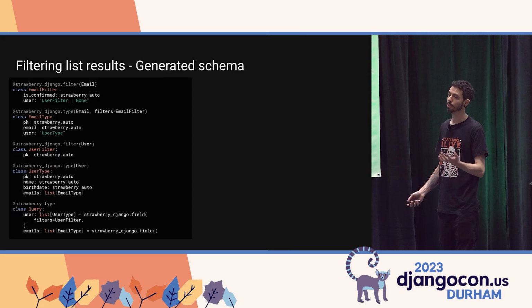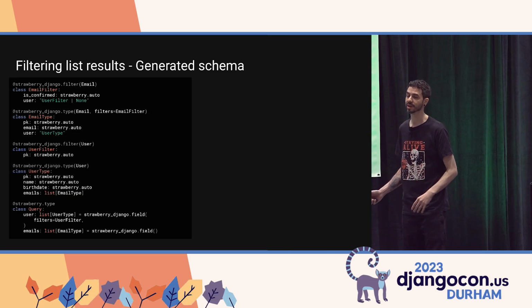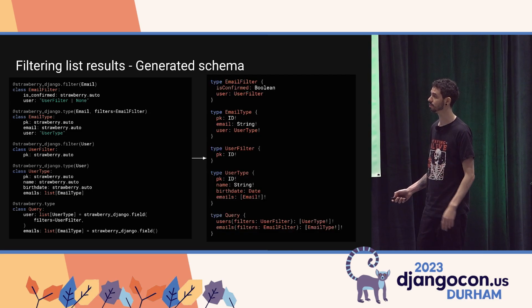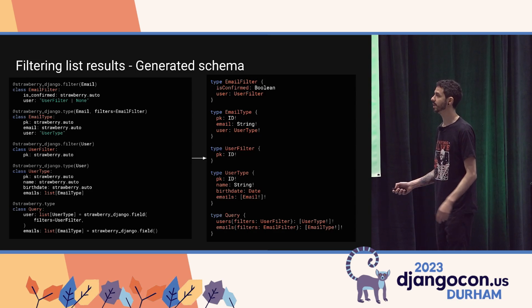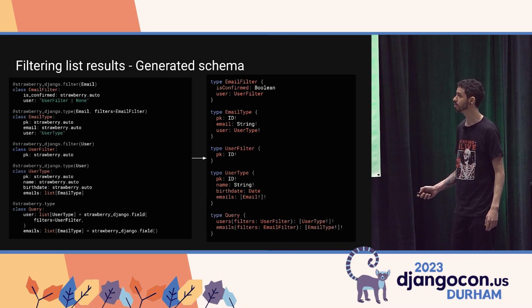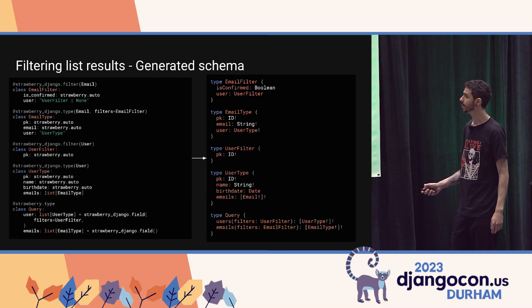And what it will do is generate a schema like this. What is defined here will in the end generate a GraphQL schema similar to this. So the email filter, and this should look like, actually, this is incorrect. This is written as type.